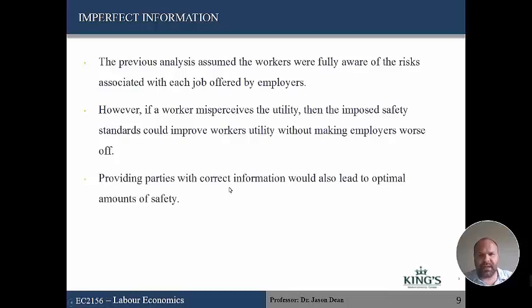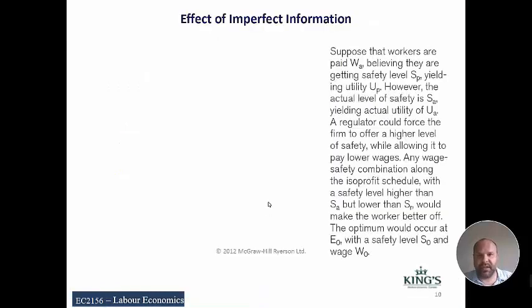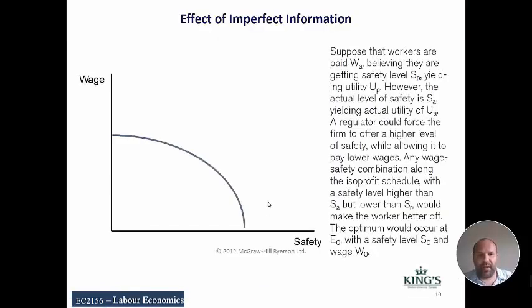And we'll see there's actually room for a safety regulation in this case to actually increase the utility of workers, and it could lead to a more optimal amount of safety. So let's take a look. So we have our model. We have an isoprofit curve. We have a worker whose optimum would be at E0.